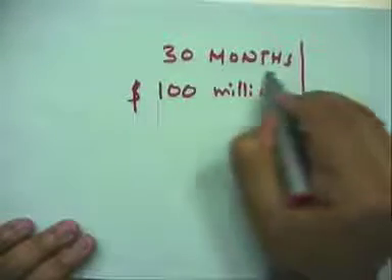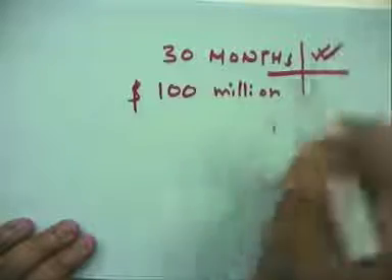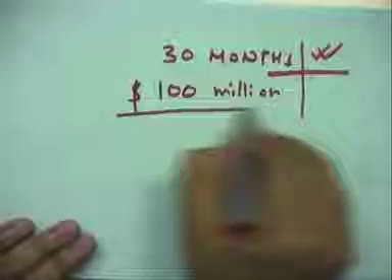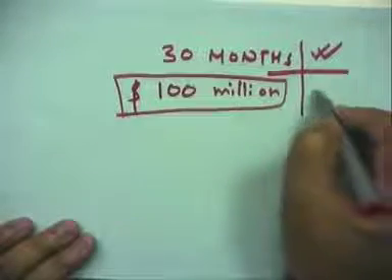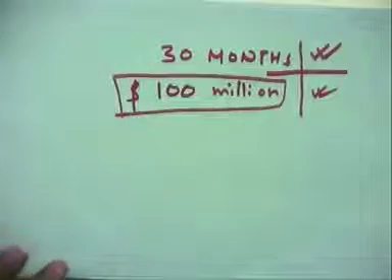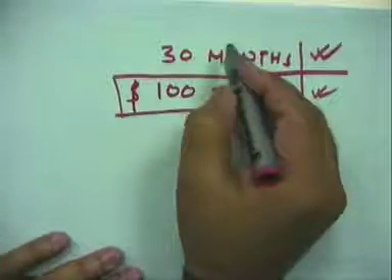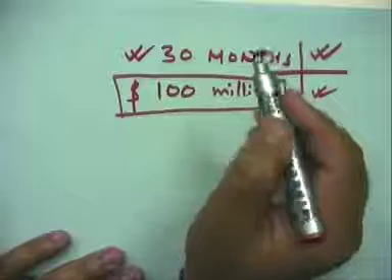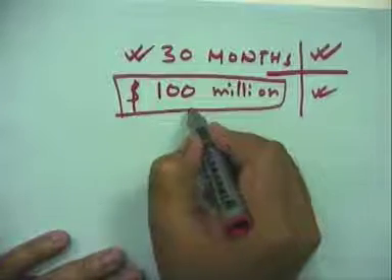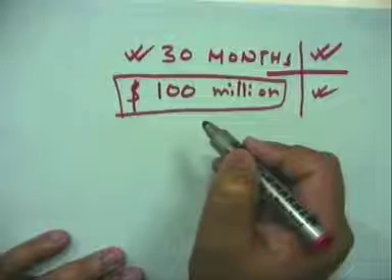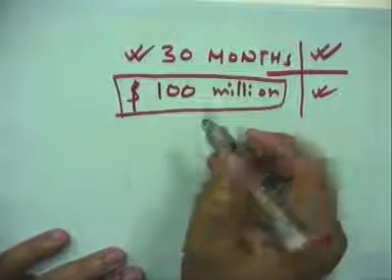Now, if you are able to complete this in time, then there is no time overrun. If you are able to complete this within the budget, then you say that there is no cost overrun. But completing a project of 30 months exactly in 30 months and completing it within the budgeted cost is not very commonly observed in the Indian scenario.